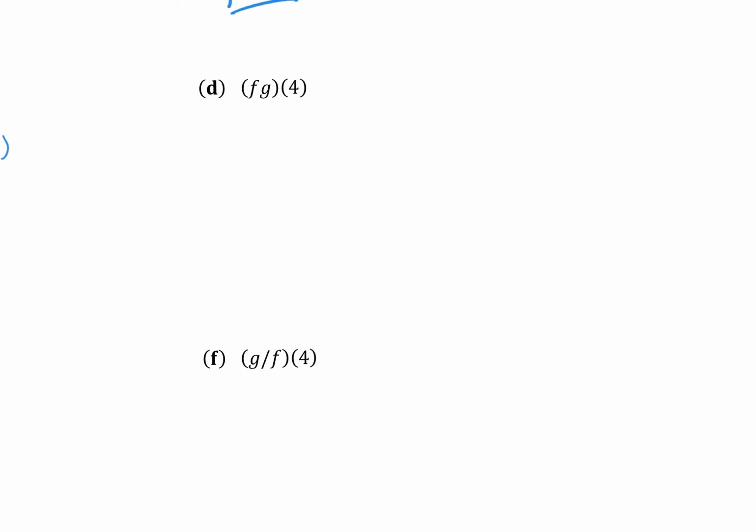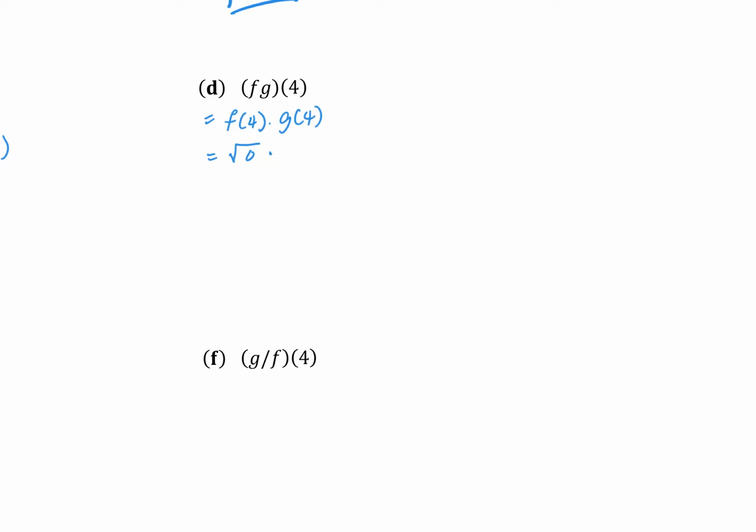In part D, we have f times g of 4, which would be equal to f of 4 times g of 4. And f of 4 is 0, because you'll get the square root of 4 minus 4, which is 0. And we're going to times it by, I actually don't care, because the square root of 0 is just 0. 0 times anything is 0.